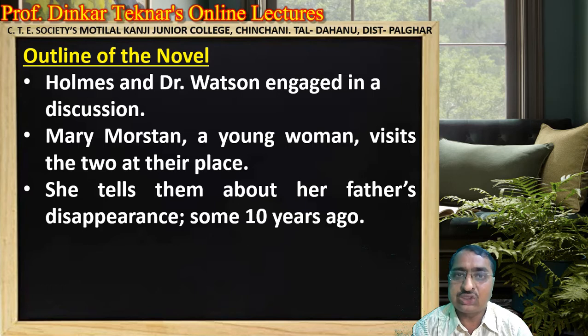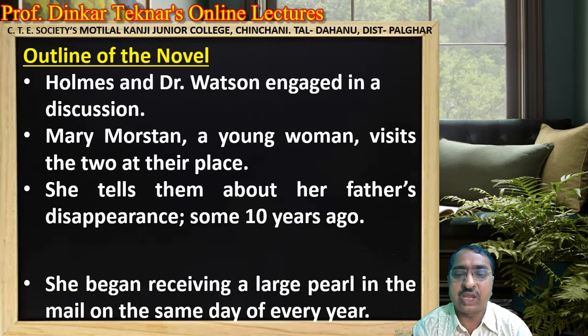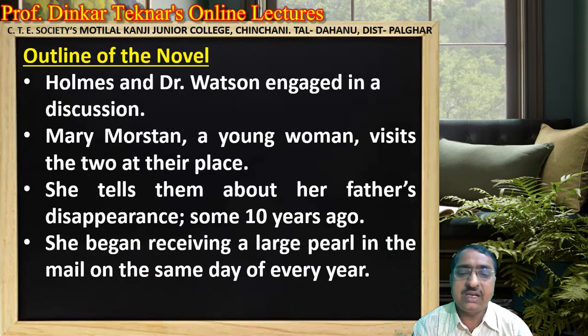Her father had been lost somewhere some 10 years ago. She began receiving a large pearl in the mail on the same day of every year. She tells the detectives that she is receiving the very costly, precious pearl every year on the same date.